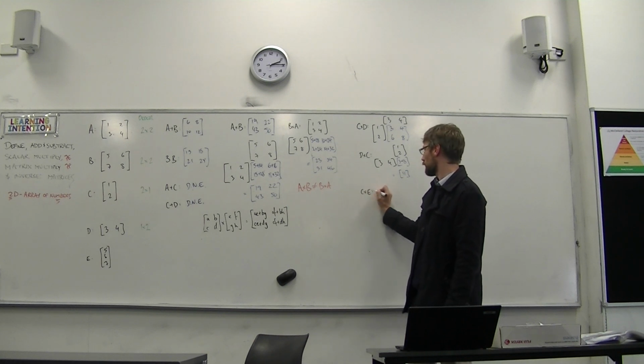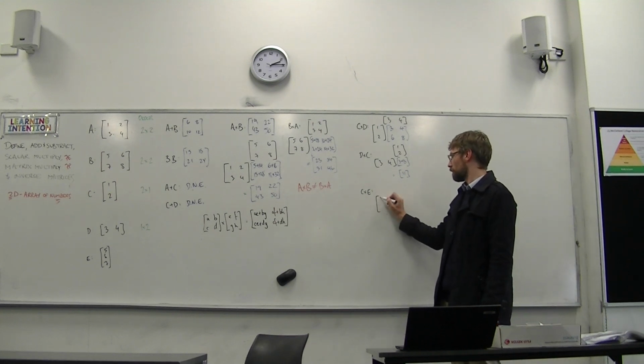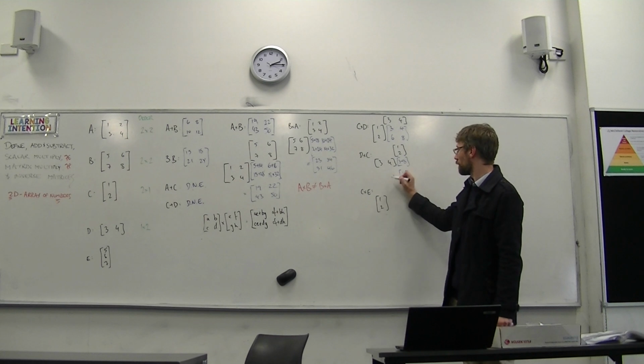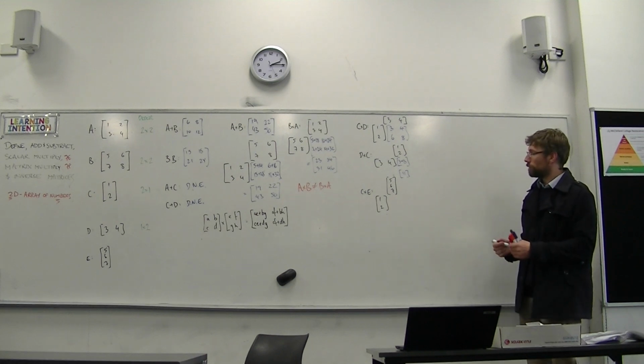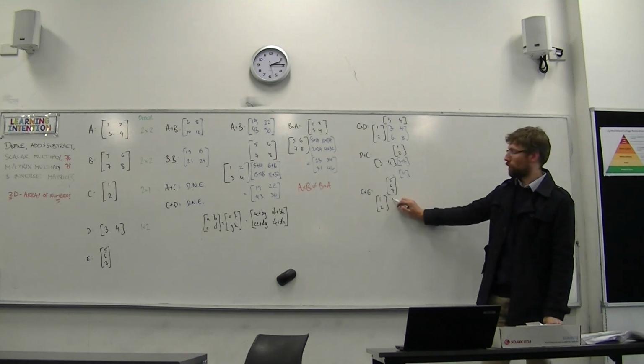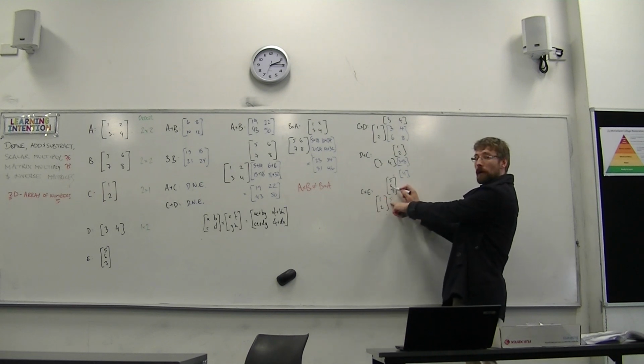Let's go. C times A. 1, 2, 5, 6, 7. This is tricky. I've got to start here, as far away as possible. So that gives me 5. This one's moved inside, this one hasn't.